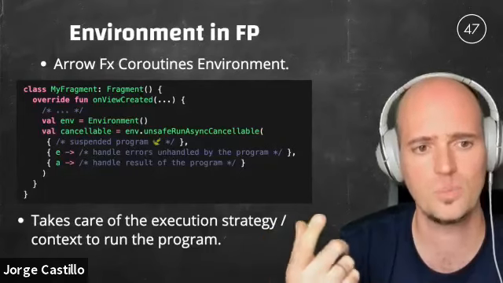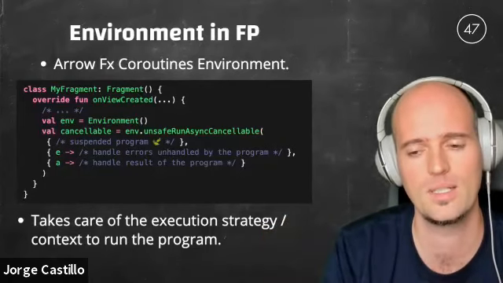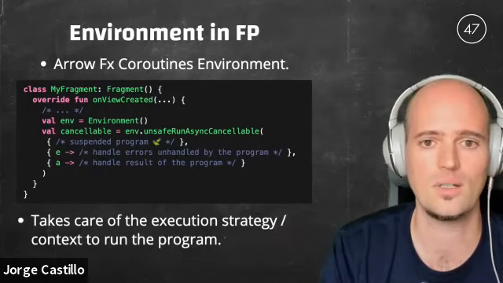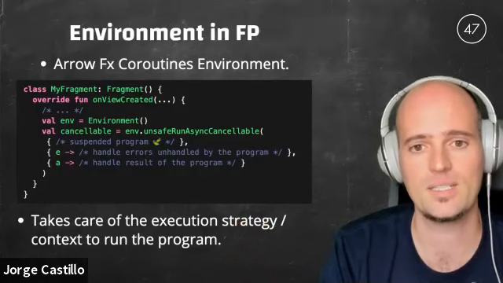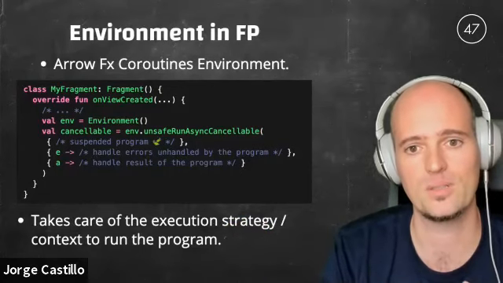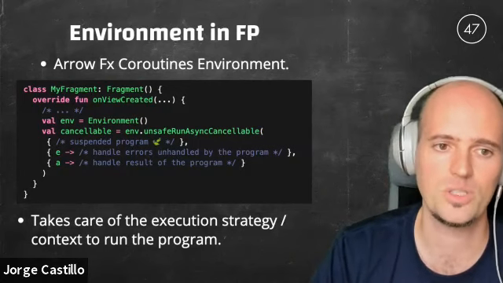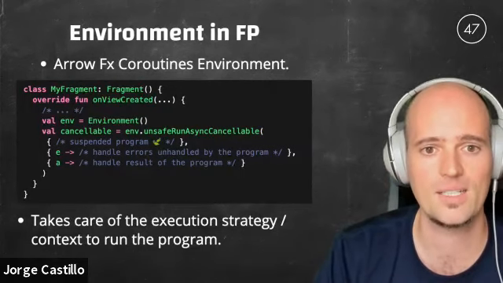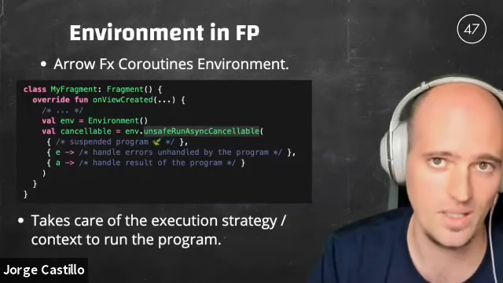So Arrow Fx Coroutines provides an environment so we can run our suspended programs, or in other words, our effectful programs, which is basically going to be our pure logics, because everything stays suspended waiting for an environment to be run. And then you can see how you can hook it at the different entry points you have in the system on the lifecycle callbacks. So you create an environment, and then it provides different execution strategies for your program.